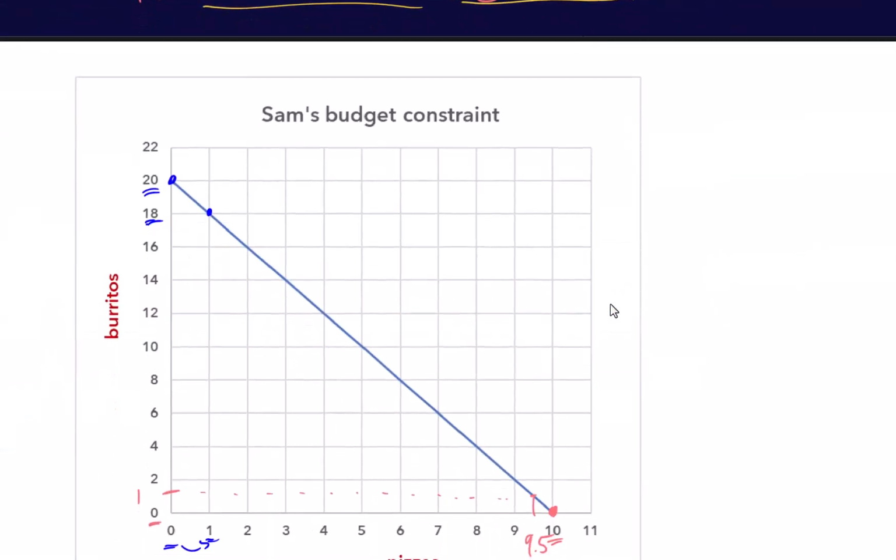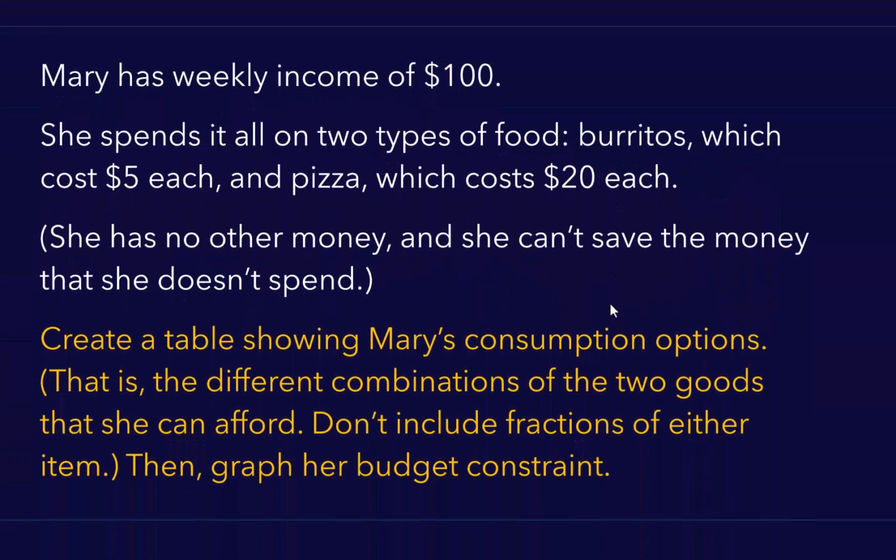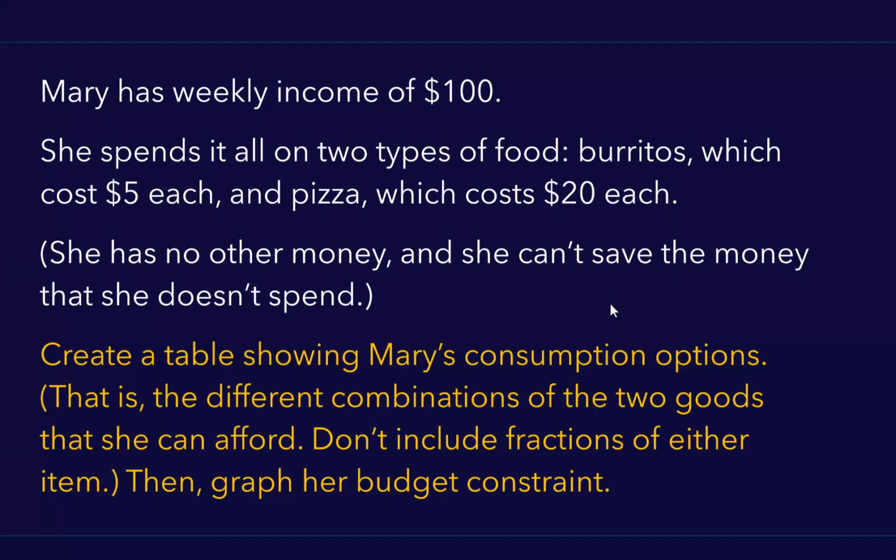Okay, next, let's just look at this example. Mary has a weekly income of $100. She spends all of this $100 on 2 goods: burritos, which cost $5 each, and pizza, which costs $20 each. She has no other money, and she can't save the money that she doesn't spend.